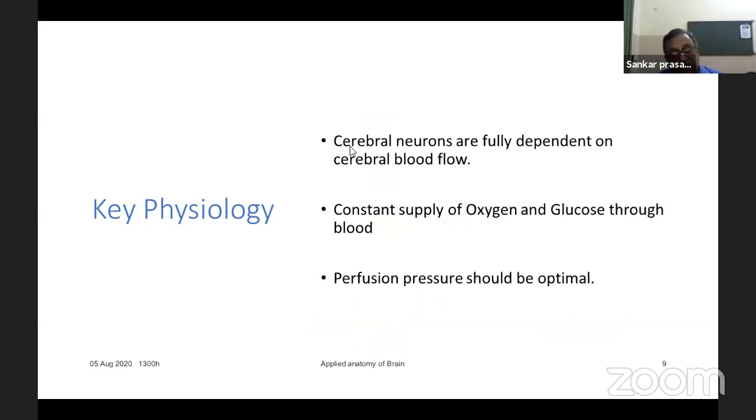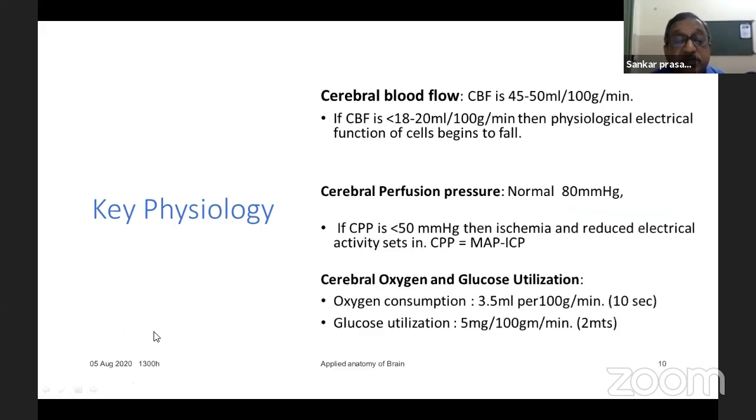The key physiology: the brain is made up of trillions of neurons, and they are fully dependent on cerebral blood flow. The constant supply of oxygen and glucose is brought through the blood, and the perfusion pressure should be optimal. Cerebral blood flow is about 45 to 50 ml per 100 grams per minute.